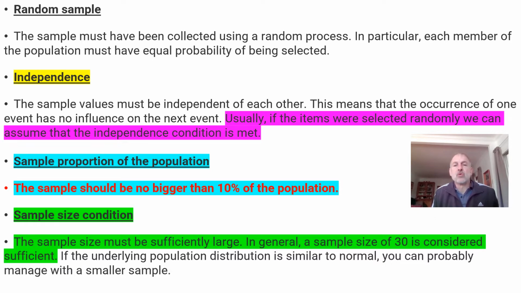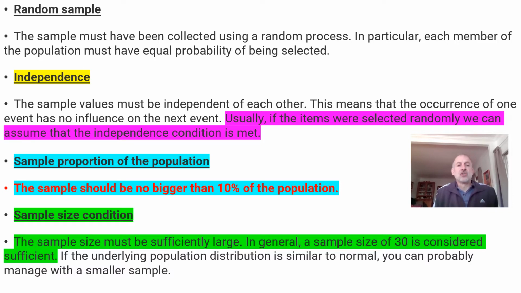Usually, if the items were selected randomly, we can assume that the independence condition is met. So in other words, everything is just coming back to random sampling. Okay? Sample proportion of the population, the samples should be no bigger than 10% of the population.